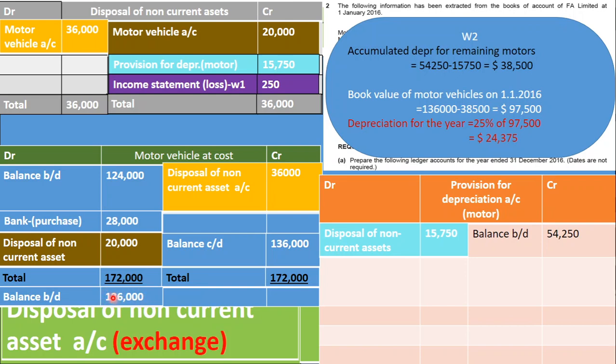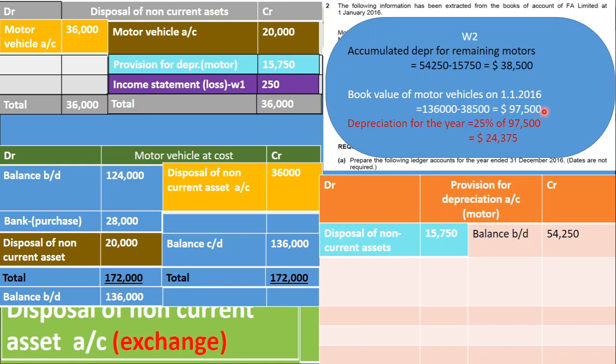This amount includes your opening balance of all the motor vehicles at cost, it includes the purchase of 48,000, and it excludes your disposed asset. So this is basically all the assets that you have remaining, including the one that has been purchased. From that original cost, you deduct the total accumulated depreciation to get the balance on 1/1/2016. You get the balance as 97,500.